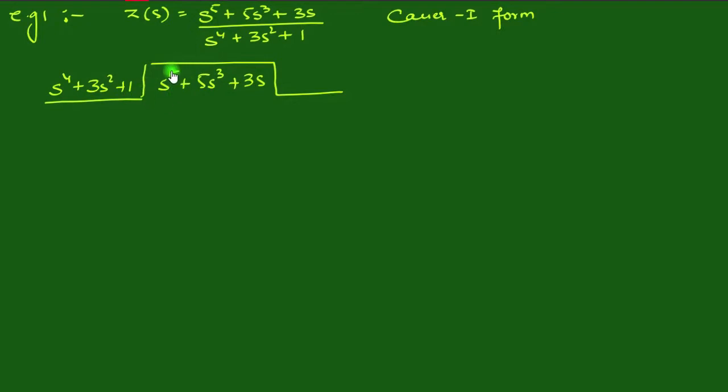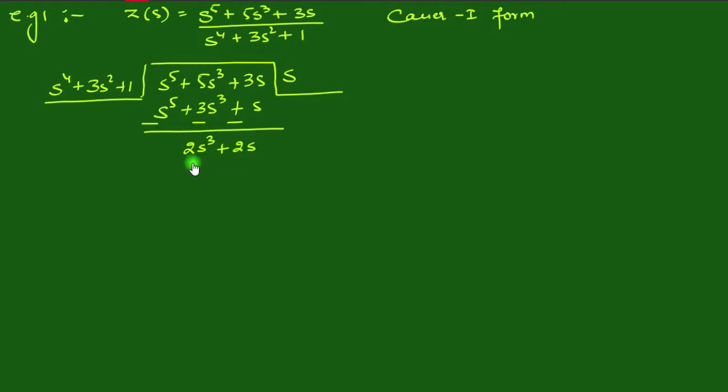So to obtain s raised to power 5 out of s raised to power 4, I need to multiply this with s. So I'll get s raised to power 5 plus 3s cube plus s. Changing the sign, these two terms will cancel out. Out of this I'll get 2s cube and out of this I'll get 2s.